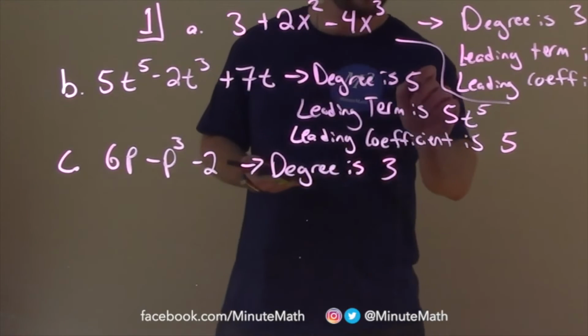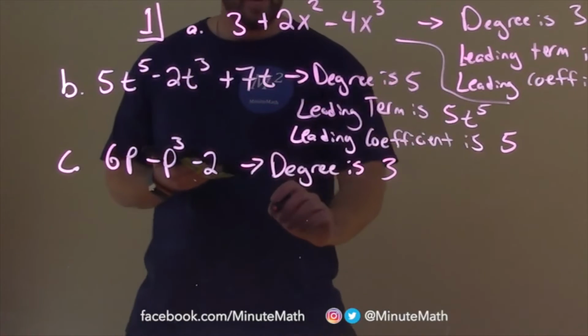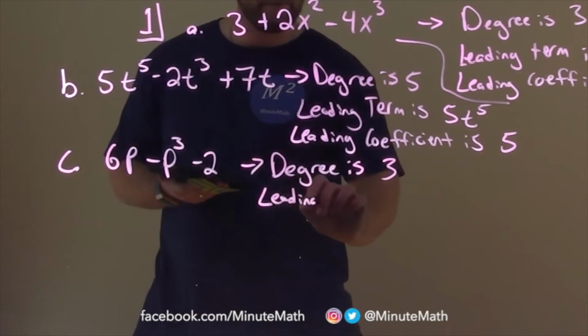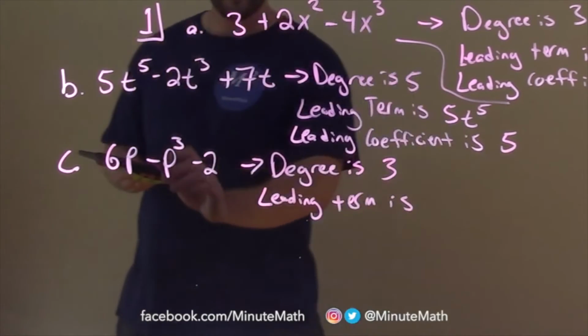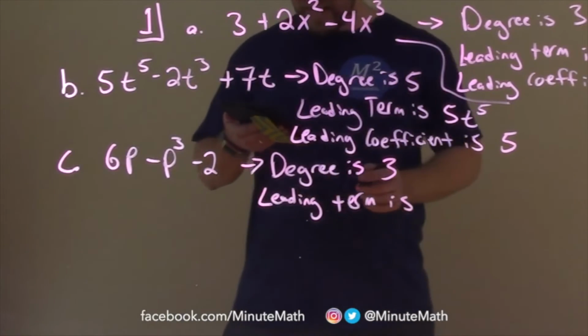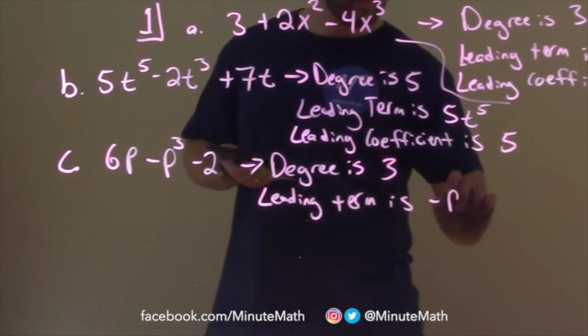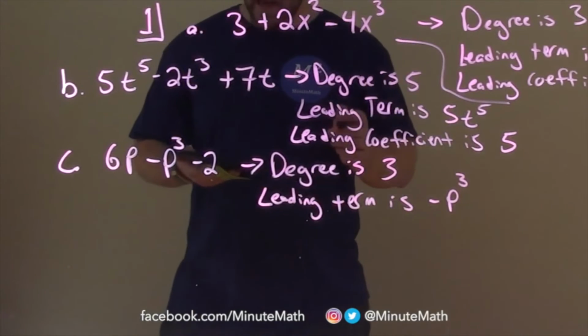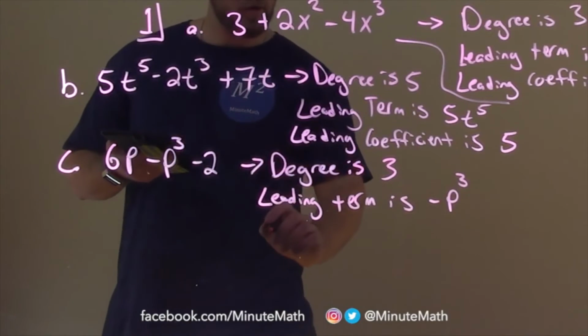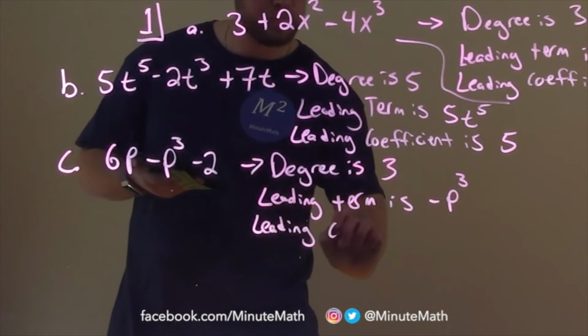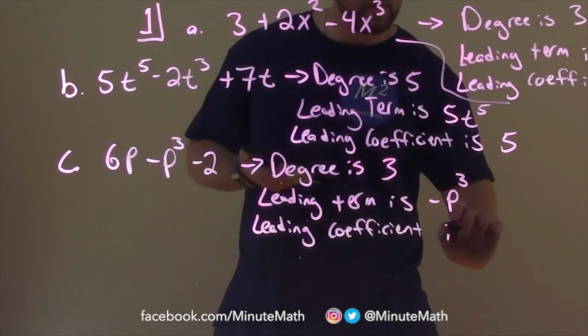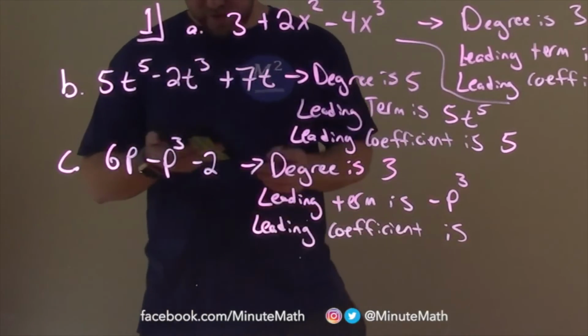My leading term is the whole term there, negative p to the 3rd power. And our leading coefficient is just negative 1.